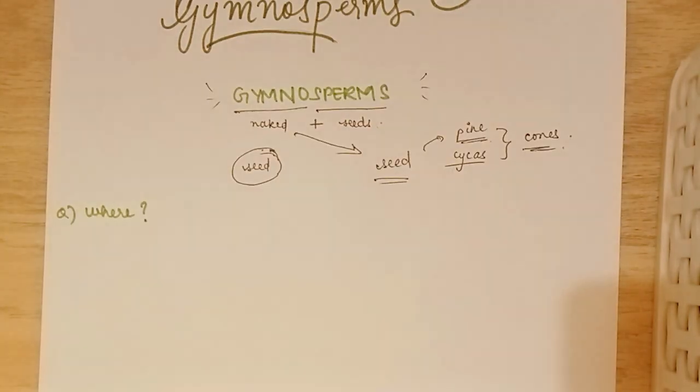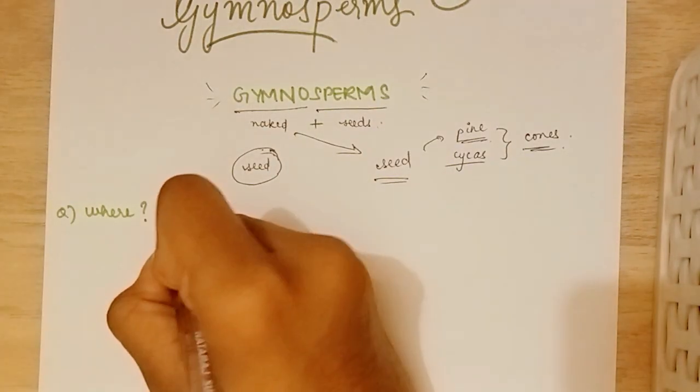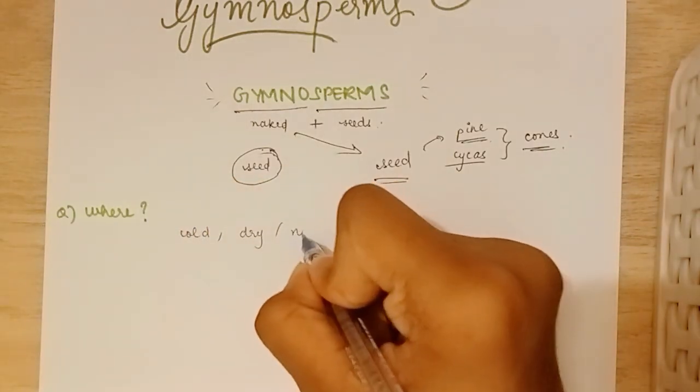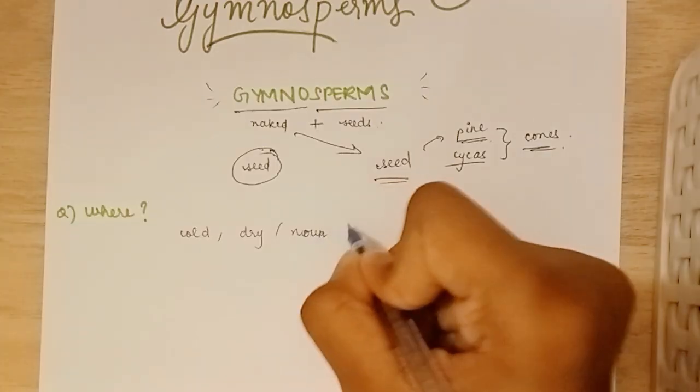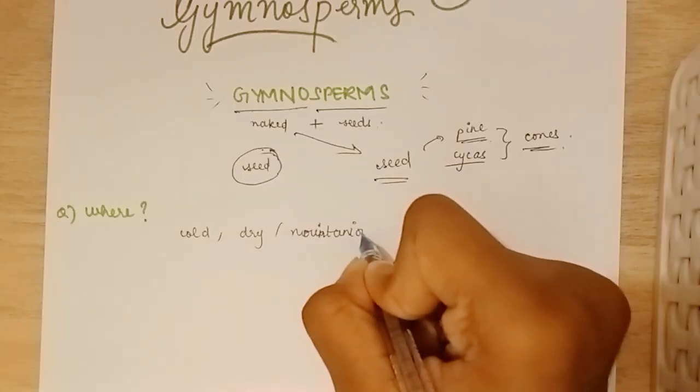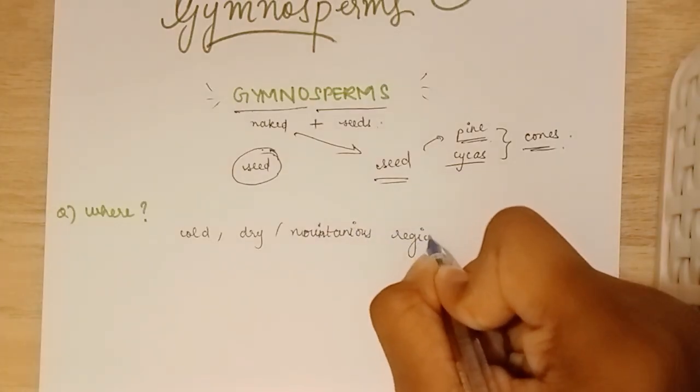Now, where are gymnosperms found? Gymnosperms are usually found in cold, dry or mountainous regions. Why?